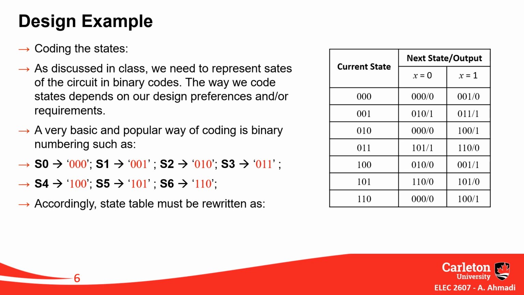So, for example, I could do S0 coded as 000, S1 coded as 001, S2 coded as 011, S3 coded as 010, which is similar to gray code. Every neighboring state has only one bit different from another, or many other different ways.